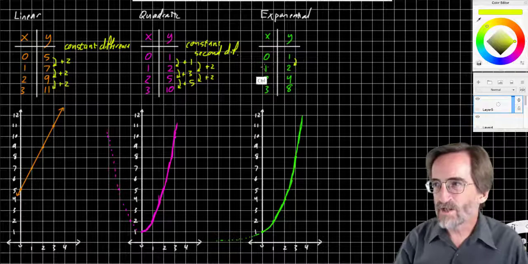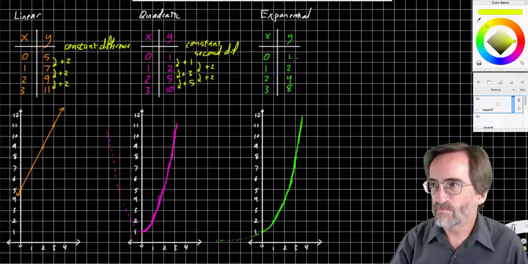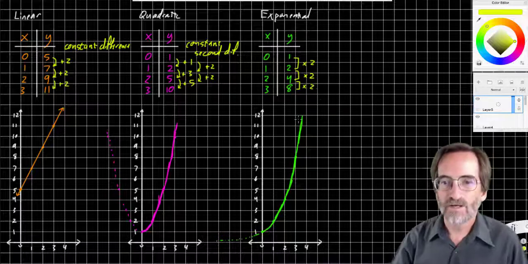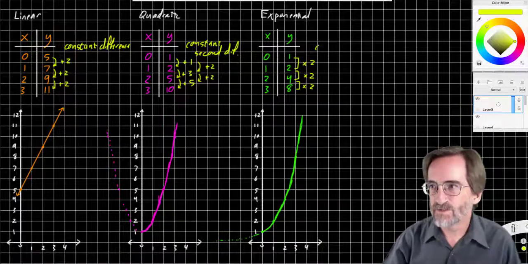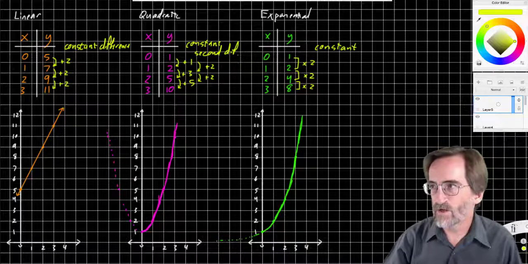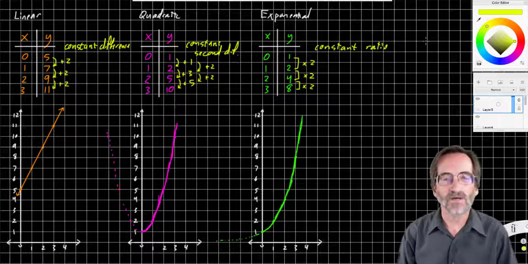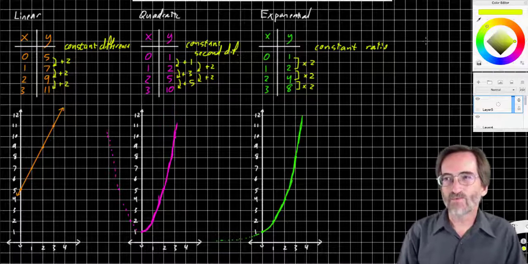What actually is happening is we've got a constant multiplier. 1 times 2 is 2. 2 times 2 is 4. 4 times 2 is 8. So the way to tell an exponential function is we have a constant multiplier. We call it a constant ratio, because the ratio between terms is constant. So that's really the way to tell.